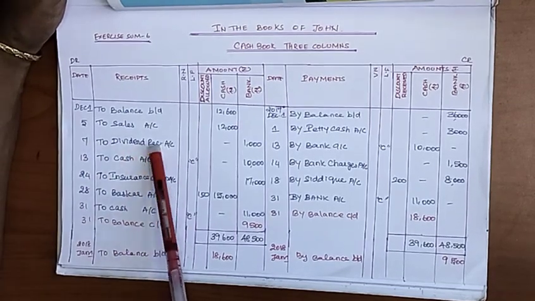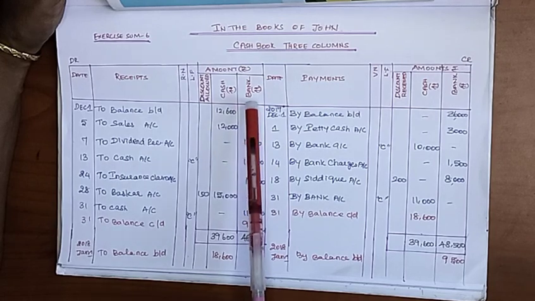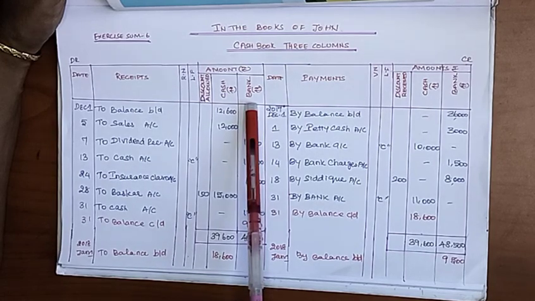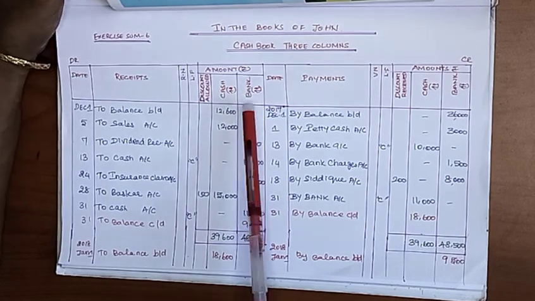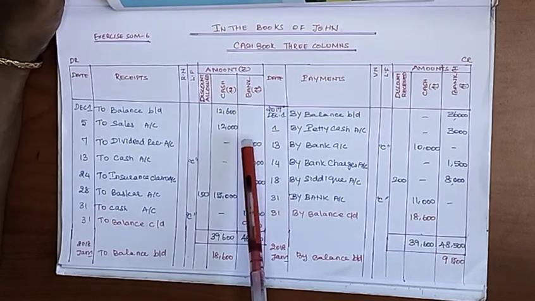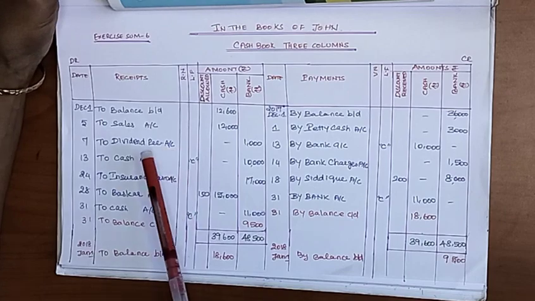This is the opposite account from the bank account. You enter 1,000 rupees in the bank column on the debtor side. The opposite account is dividend received account.